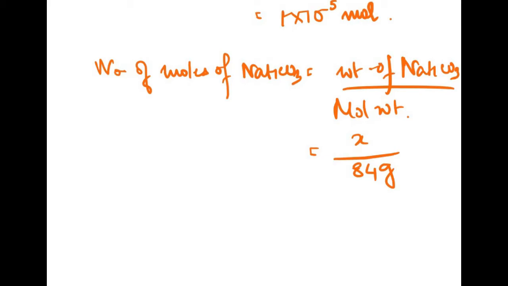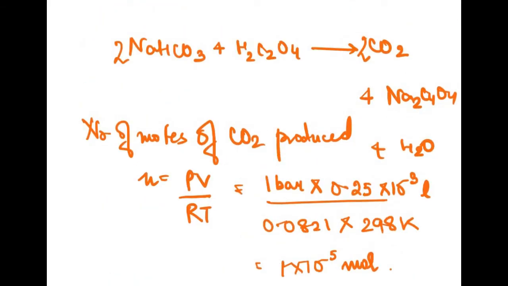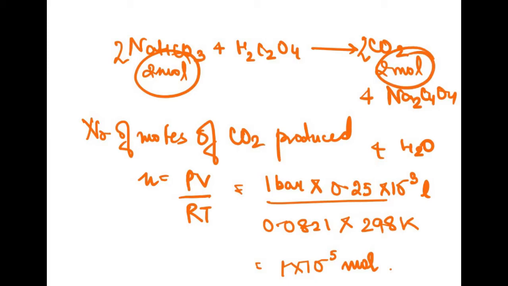Now, number of moles of NaHCO3 we know. How do we know? See, in the initial reaction we have 2 moles of NaHCO3 giving 2 moles of carbon dioxide. So it's a 1:1 ratio.